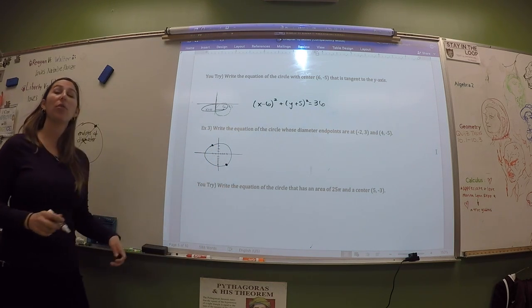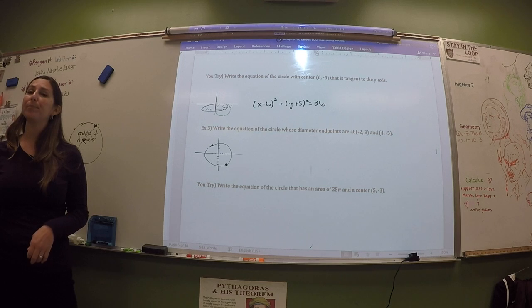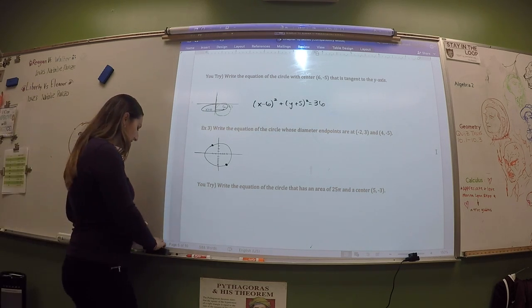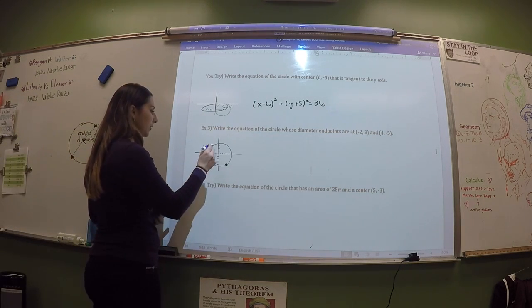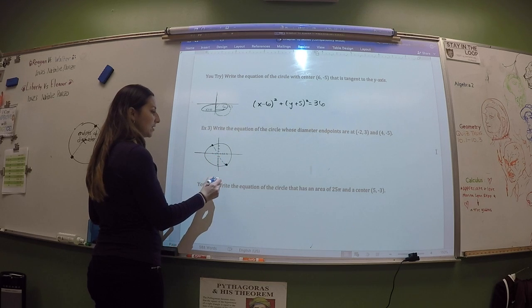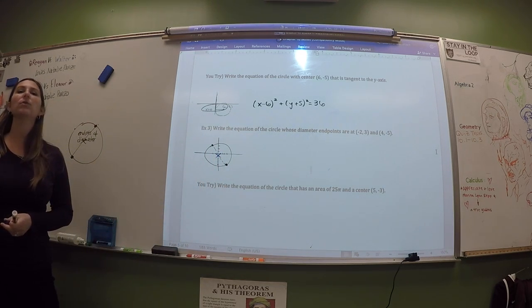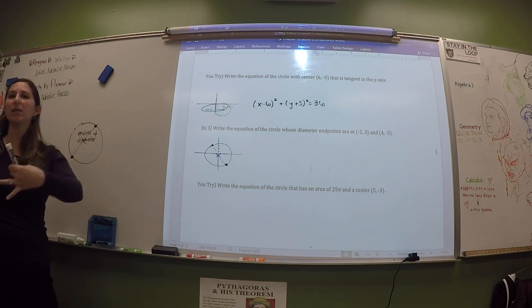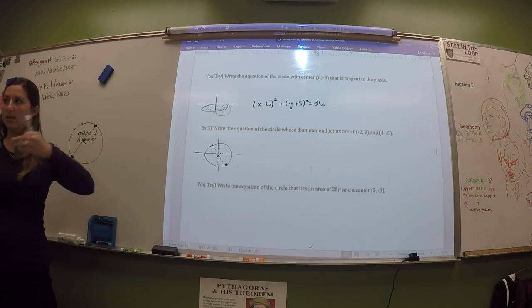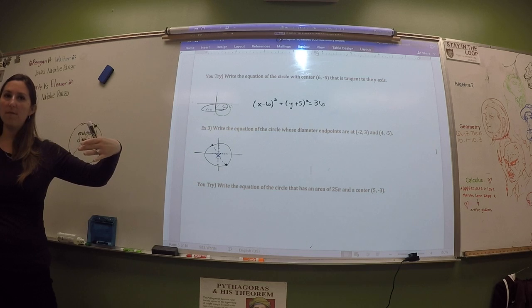It's going to pass through those points, and if this is a diameter, it has to go through the center. Now they don't tell you the center, but we can use those 2 points to find the center, because the center is the midpoint of those points.